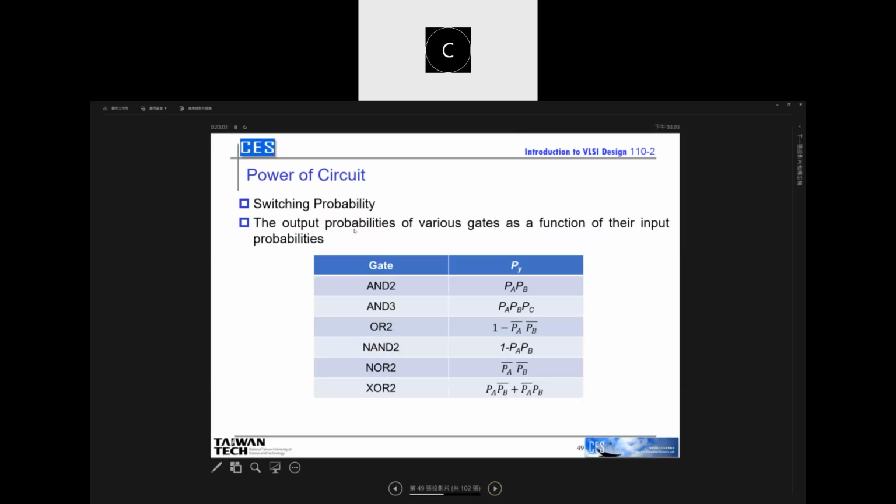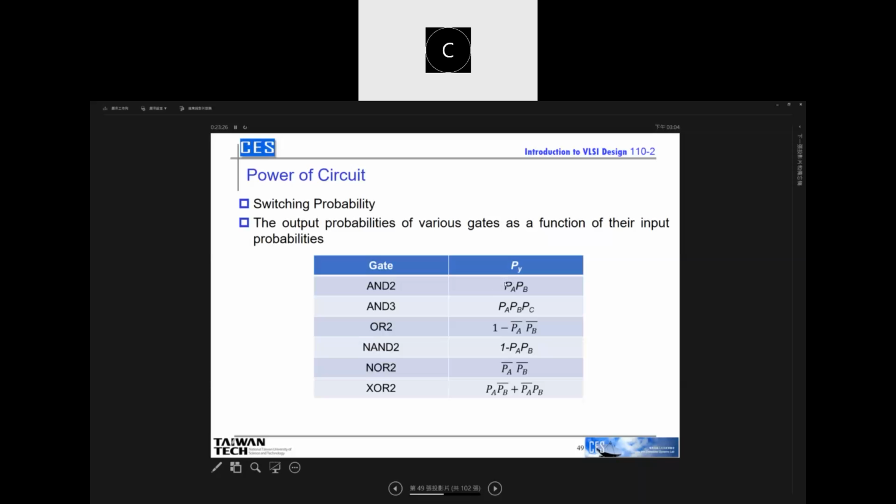For example, if you have a 2-input AND gate, and the input probability for one input is PA and for the other input PB, the output probability for this kind of gate will be PA times PB.